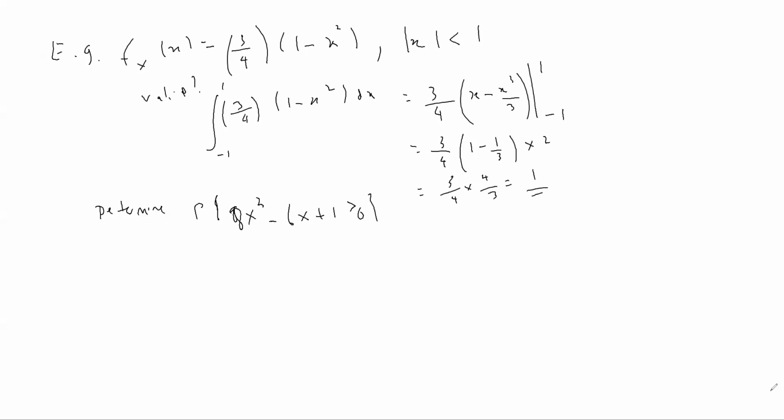In this question, we need to find out the range. You remember when we find probability, we want to find the probability of an interval. So we need to look at the interval which fulfills this condition. Let me draw this curve.